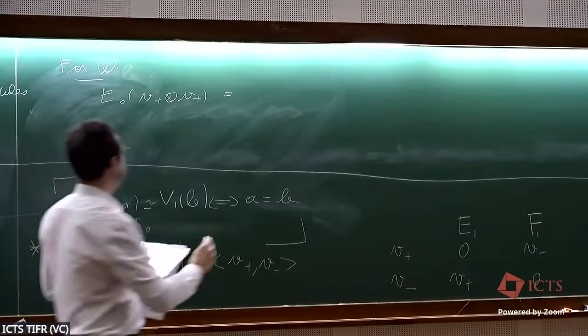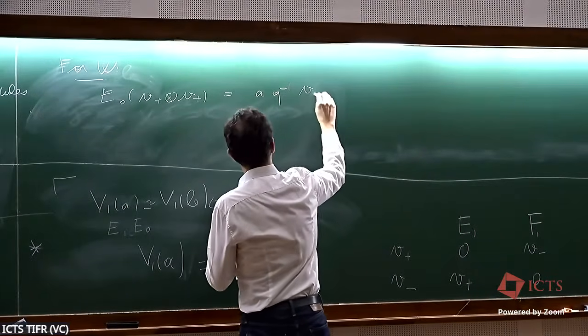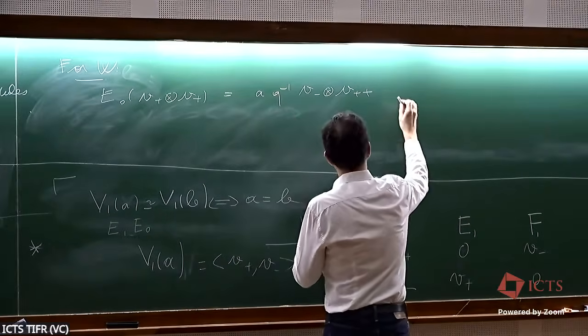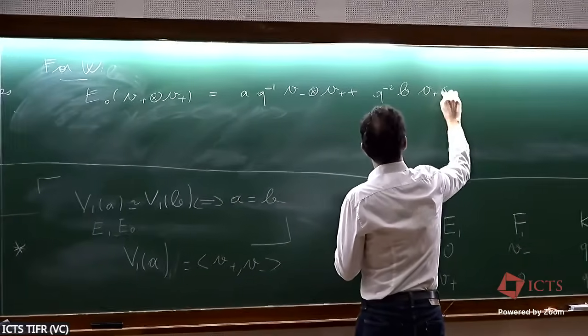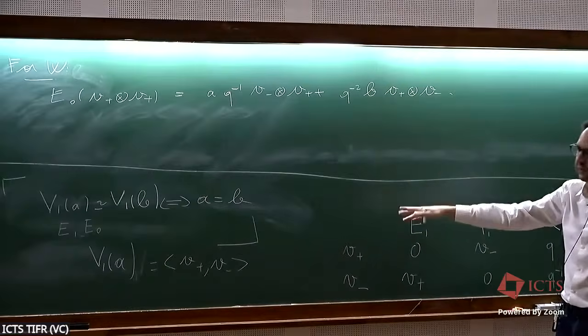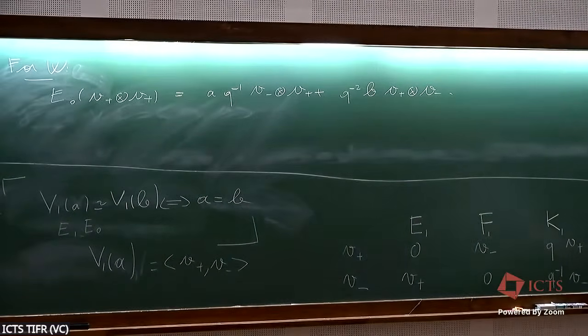And what you obtain is a Q minus 1, V minus tensor V plus Q minus 2, V plus tensor. So A and B both appear because you look at the action of E0 and the two spectral parameters.